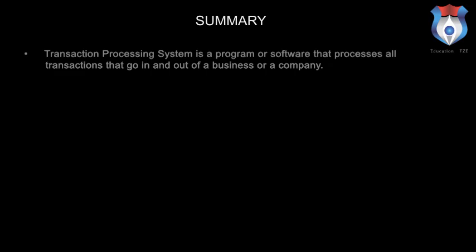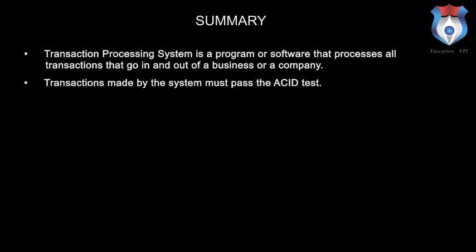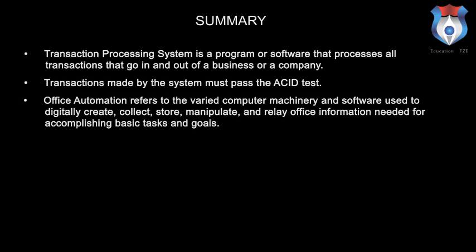Summary. Now in the end, let us summarize what we have learned in this lecture. Transaction processing system is a program or software that processes all transactions that go in and out of a business or a company. Transactions made by the system must pass the ACID test. Office automation refers to the varied communication machinery and software used to digitally create, collect, store, manipulate and relay office information needed for accomplishing basic tasks and goals.